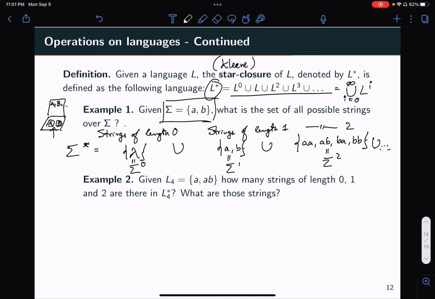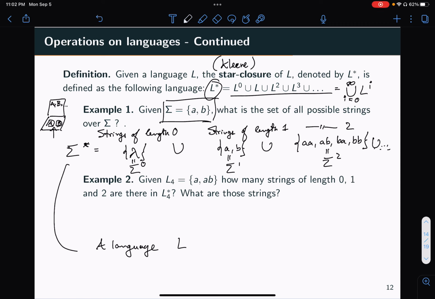Those are all the possible strings of any length over sigma. That's exactly going to be sigma star, right? And so that's why this is an important operation, because it allows you to immediately produce all possible strings over an alphabet.